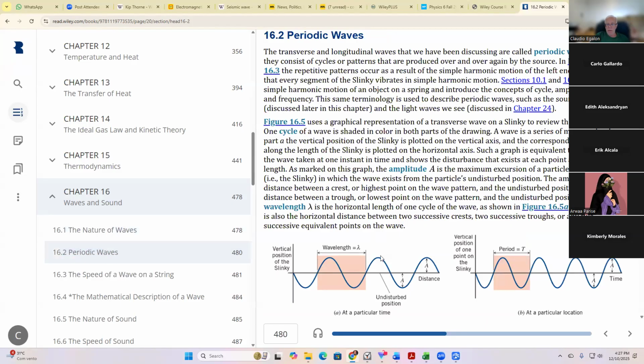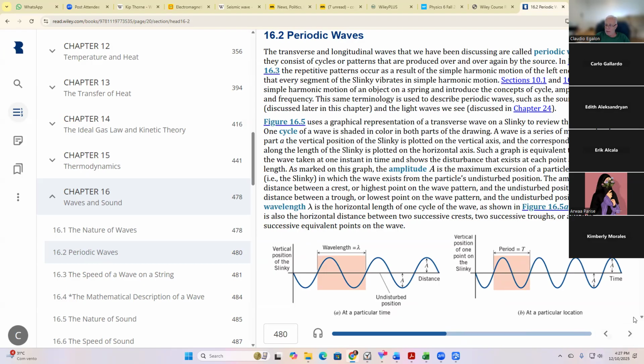From crest to crest is the wavelength, but here he's taking it from every other node, but you can also take the distance between adjacent crests. It's either the wavelength or the period.